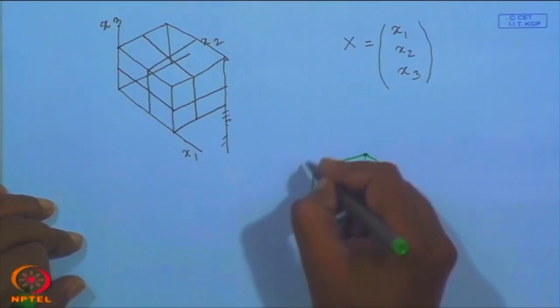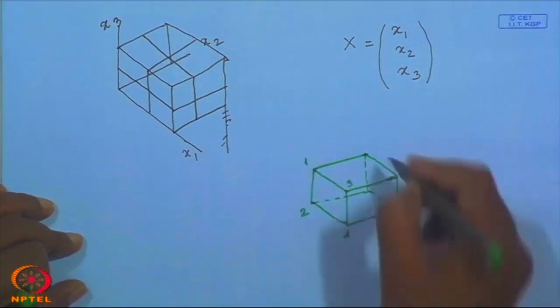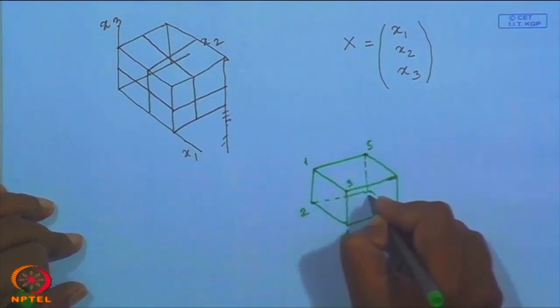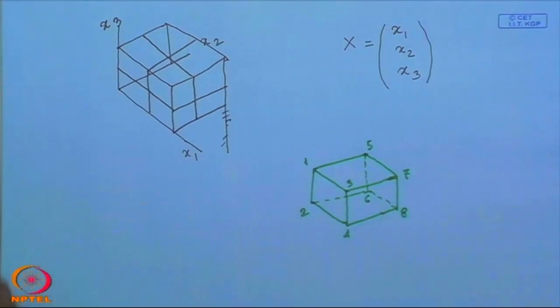The vertices are 1, 2, 3, 4, 5, 6, 7 and 8. So, these 8 vertices uniquely define this particular volume element.